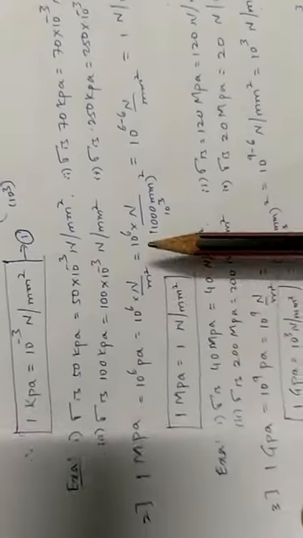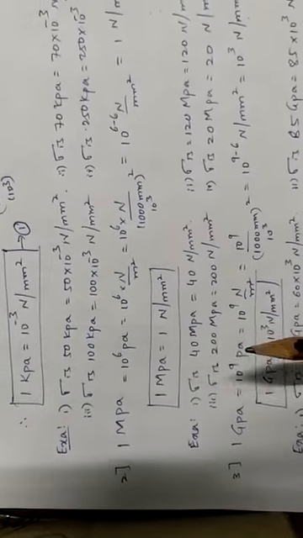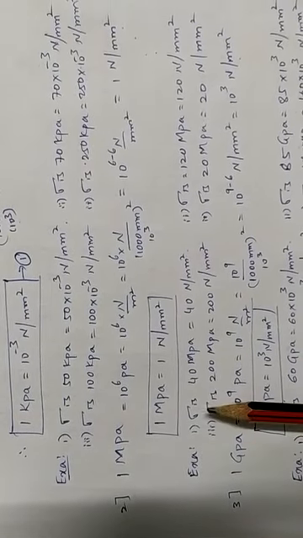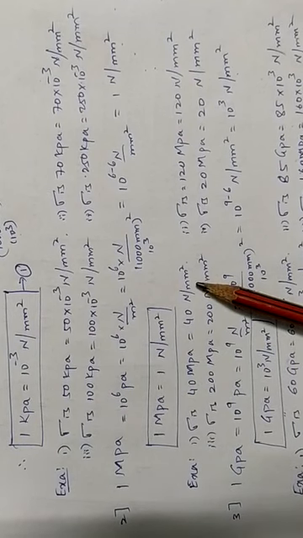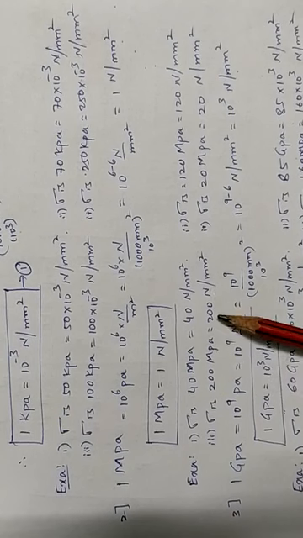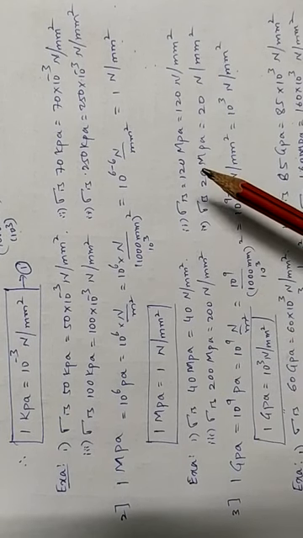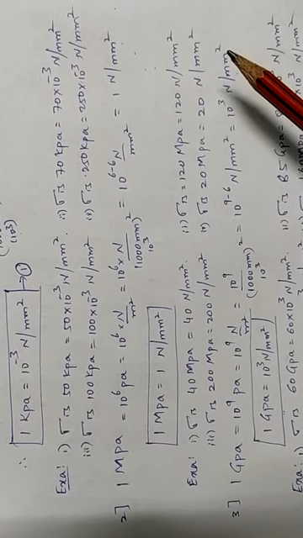Similarly, see here. If your reading is 40 MPa, simple, 40 Newton per mm square. If your reading is 200 MPa, 200 Newton per mm square. If 120 MPa, 120 Newton per mm square. 20 MPa, 20 Newton per mm square.